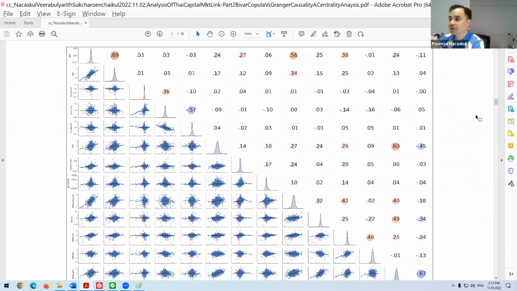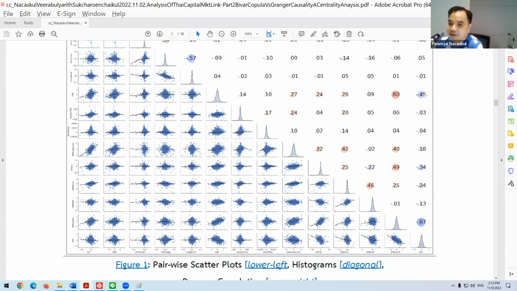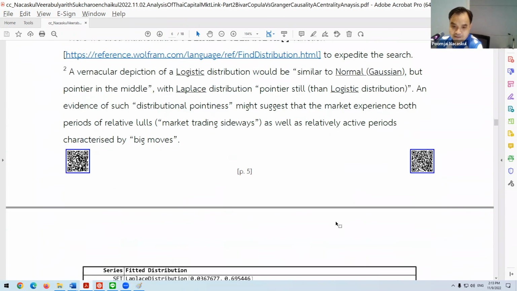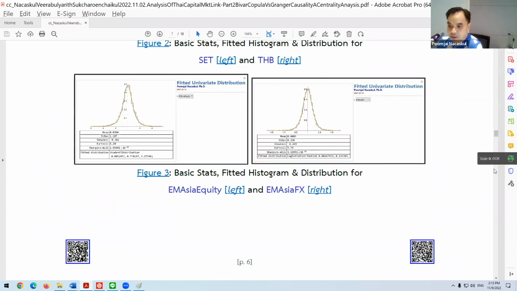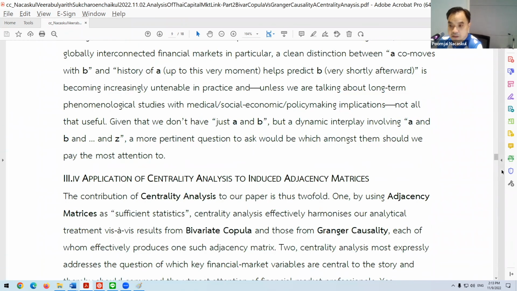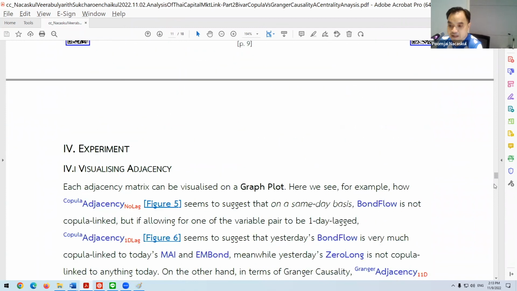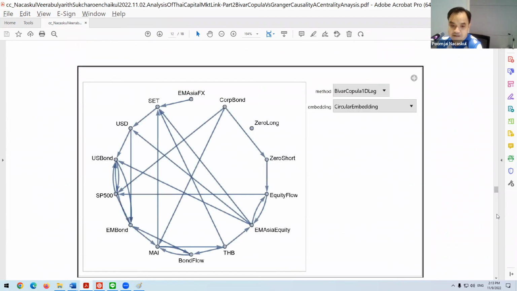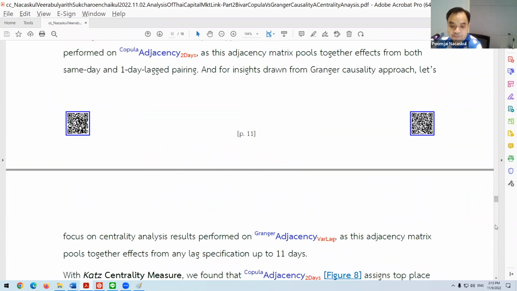Okay. Well, the idea here is that based on this, you can do centrality analysis. Although we didn't do centrality analysis on this, we did centrality on what's called copula significance, but that's beyond this class.